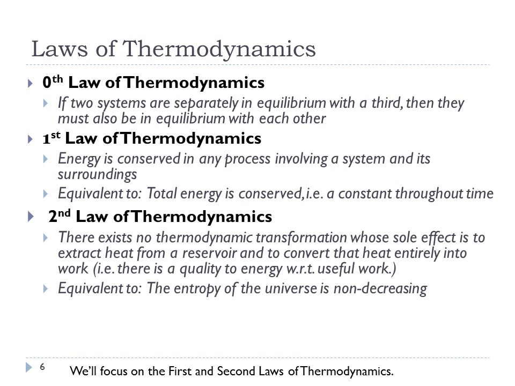But we'll find out, the second law is a law that gives directionality. It tells you there's a directionality to which energy gets transformed. So the second law can be stated as there exists no thermodynamic transformation whose sole effect is to extract heat from a reservoir and to convert that heat entirely into work.